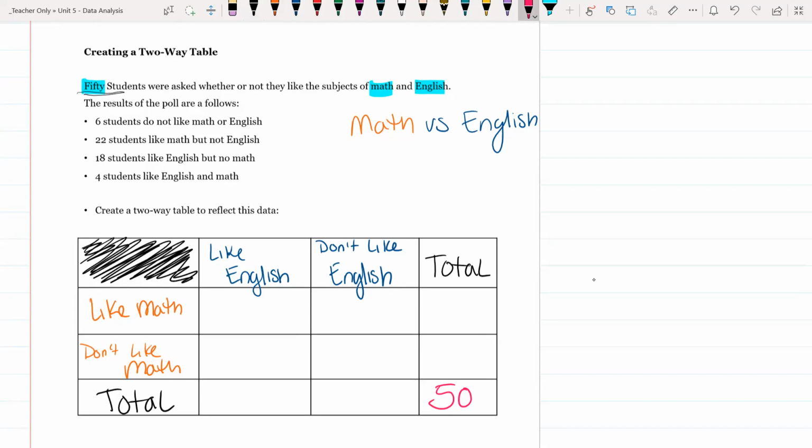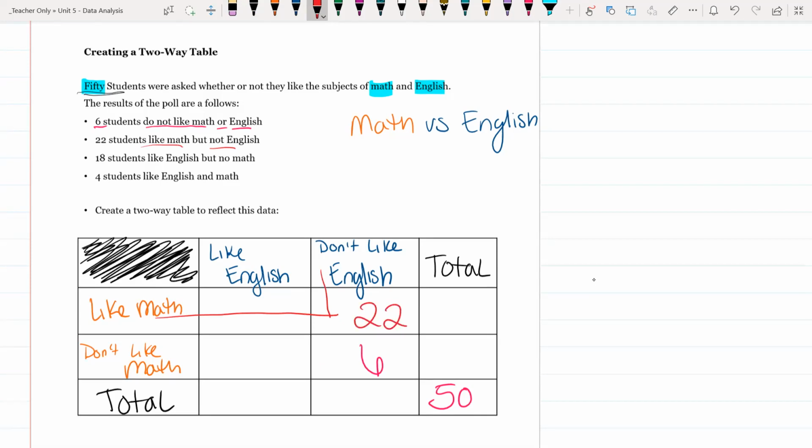We know that 6 do not like math or English. So they don't like math and they don't like English. 6 students meet that criteria. 22 students like math, but not English. So they like math, but they don't like English.